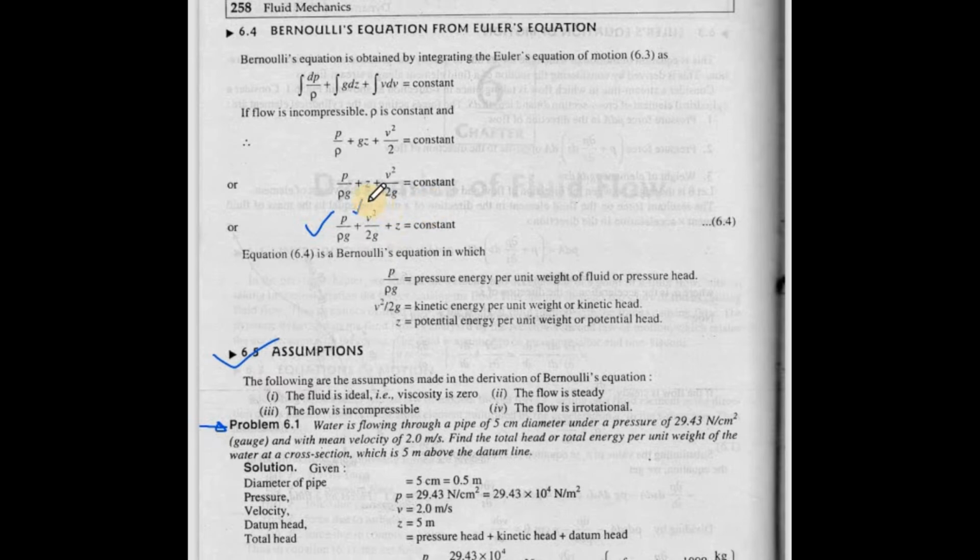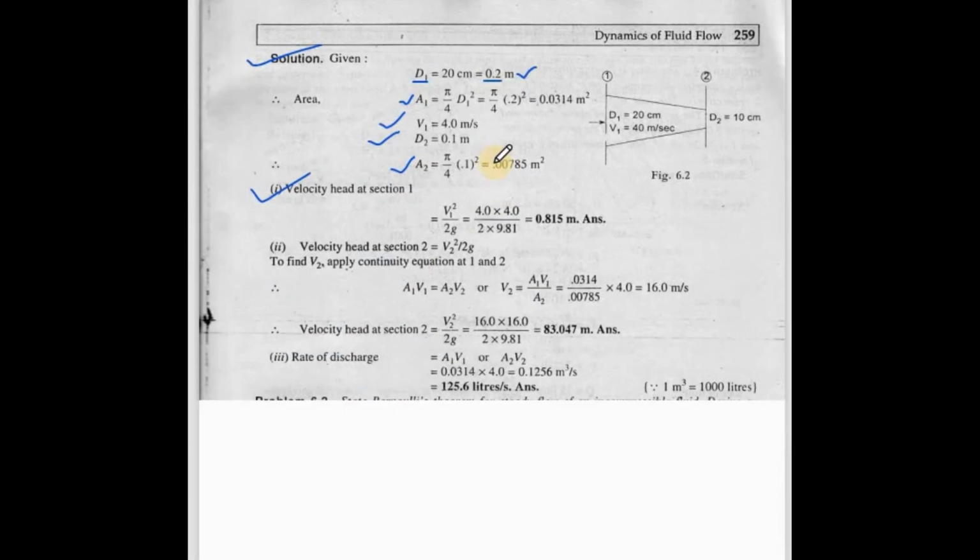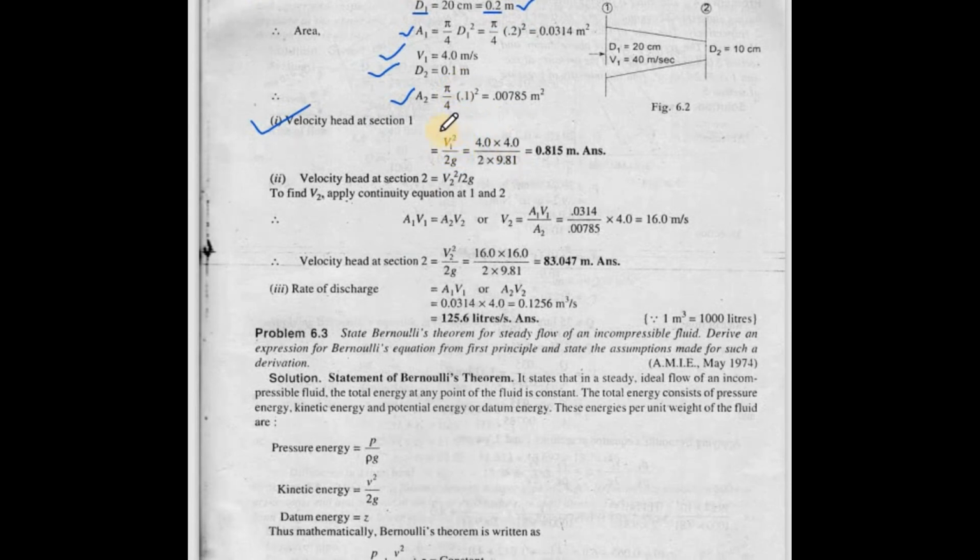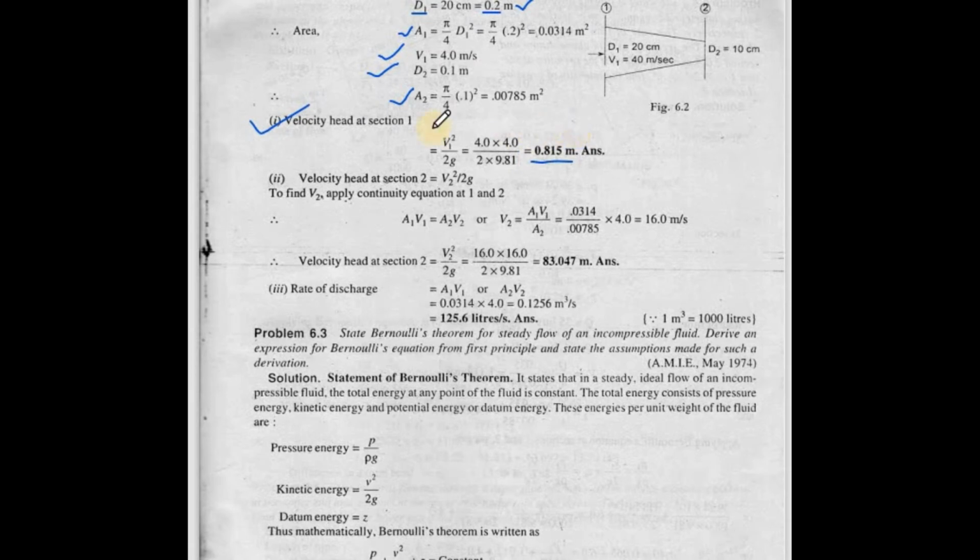Now the velocity head at the first section. As I have told you, in Bernoulli's equation, v square by 2g is the kinetic energy head or the velocity head. So we need to find out this much only, v square by 2g. In the first section the velocity v1 is 4, so 4 square by 2 into 9.81 gives 0.815 meter.